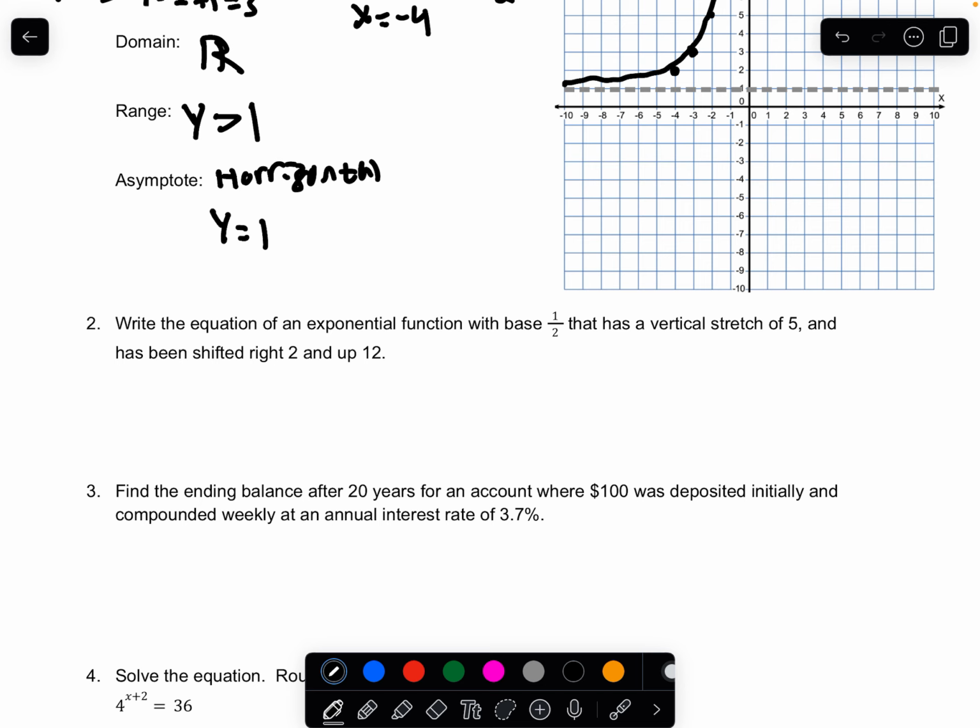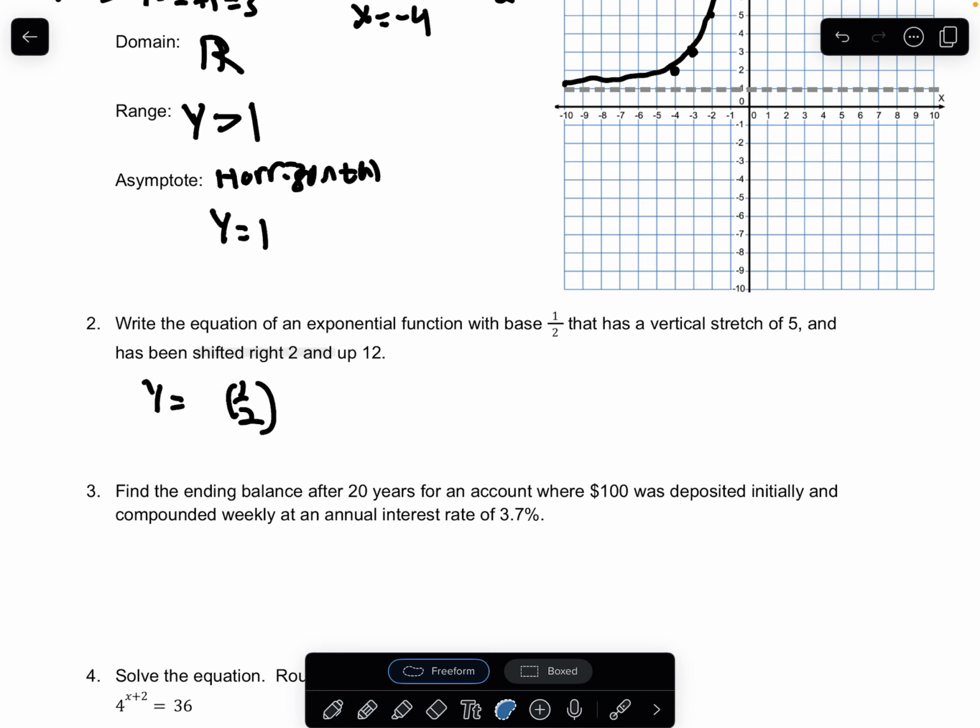All right, question number 2. Write the equation of an exponential function with base 1/2. So y equals base 1/2, that has a vertical stretch of 5.